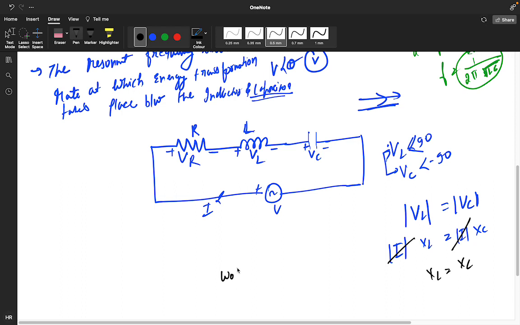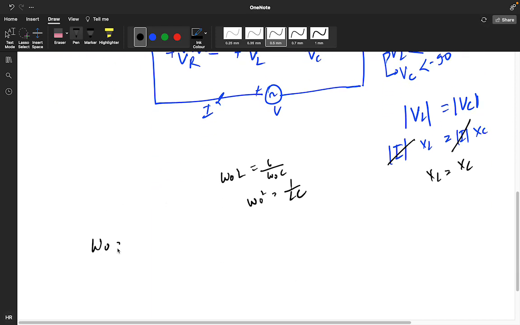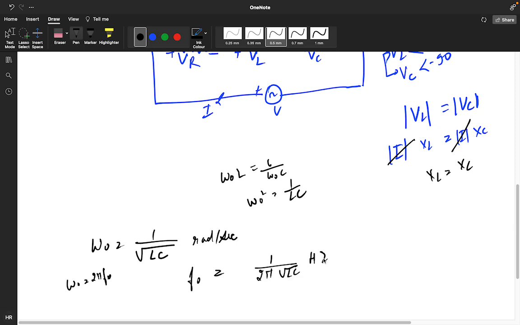Omega naught L is equal to 1 by omega naught C. So omega naught square is 1 by LC, and omega naught is 1 upon root under LC, in radian per second. And if you want it in hertz, omega naught is 2 pi f naught, so f naught will be 1 upon 2 pi root under LC, in hertz.